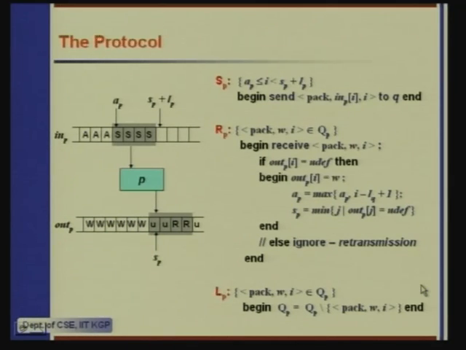Now, what we have to prove in this protocol is that this protocol satisfies those two requirements that we mentioned before. One requirement was that the packets will be safely delivered, and the second requirement was that they will eventually be delivered.